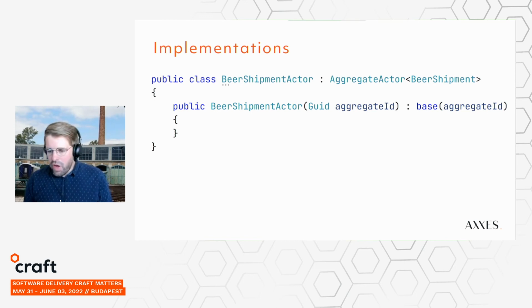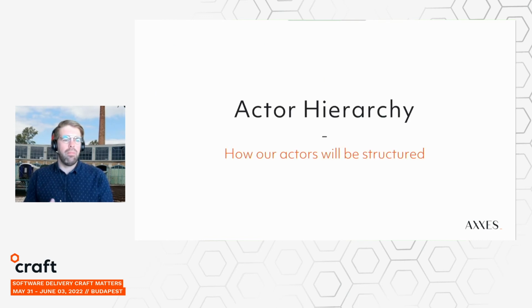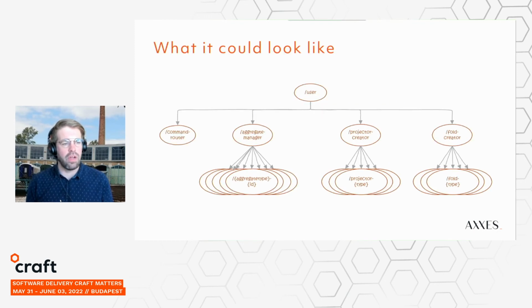Now, because we have a little bit of time left, I'm going to tell you about what the hierarchy would look like if you would want to have these actors inside a bigger system, because we're going to need a little bit more than just these aggregate actors. First of all, we're going to have to look at our aggregate actors that are going to live there, right?